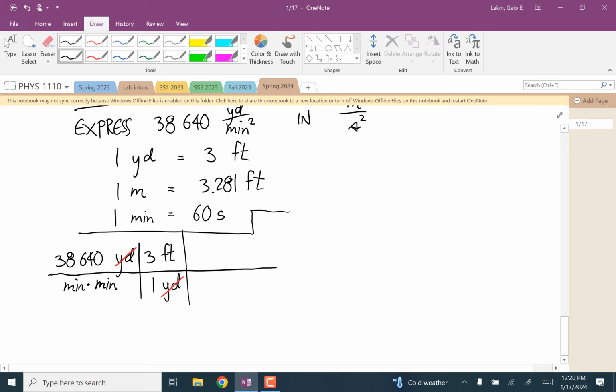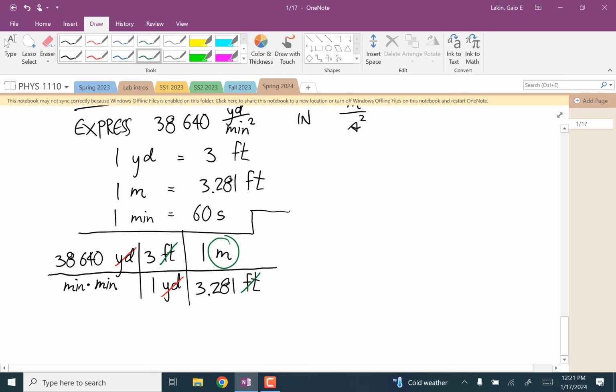The feet are in the numerator, so in my conversion factor I want feet in the denominator: 3.281 feet in the denominator and 1 meter in the numerator. This cancels this, and now our units of length are meters, like we want.